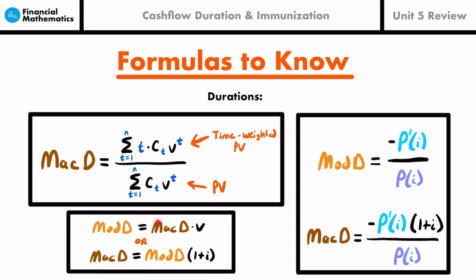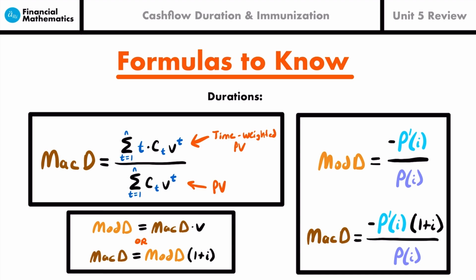Now, if you were to take this equation and solve for the Macaulay duration instead, let's say you know what the modified duration is, you could calculate the Macaulay duration by taking the modified duration and accumulating it for one period using the appropriate interest rate. Okay, so really we have the same formula here, it's just that this one is solved for the mod D, but this one is solved for the mac D. And so this is the relationship I was referring to earlier between these two different types of durations. If you know one, you can find the other by using these formulas.